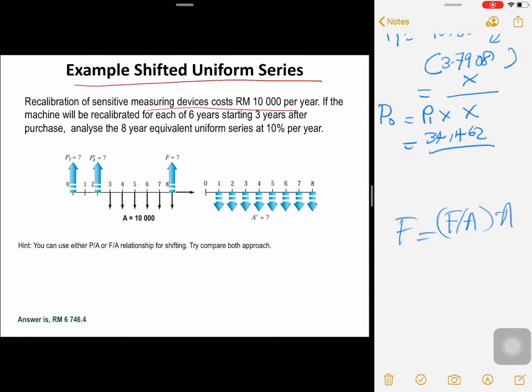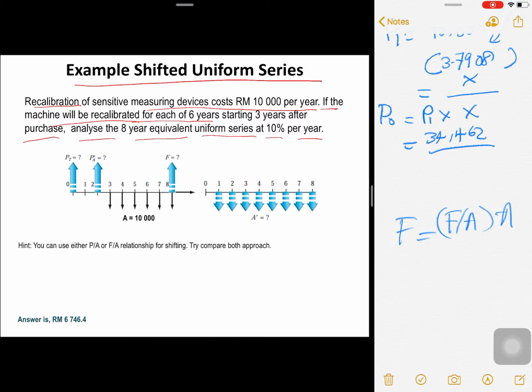So now we have another example of shifted uniform series. You have a recalibration of a sensitive measuring device costing 10,000 per year. If the machine will be recalibrated each year for 6 years, starting 3 years after purchase, analyze the 8-year equivalent uniform series at 10% per year. So after the 3rd year, you have 6 years of recalibrating.